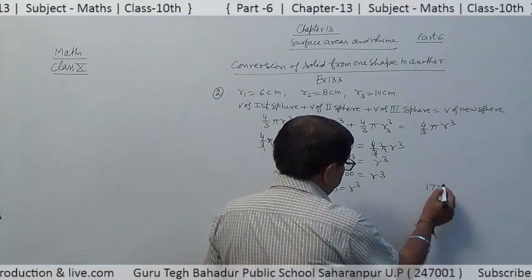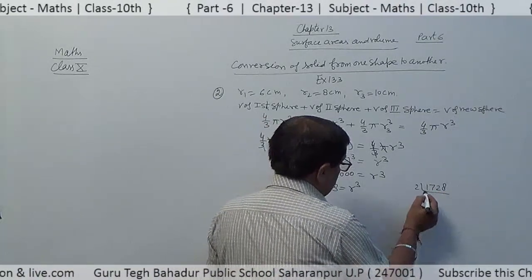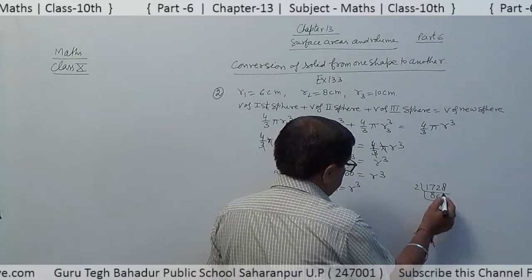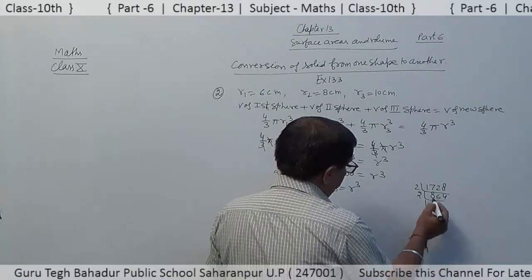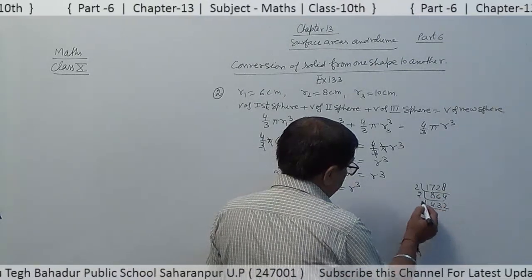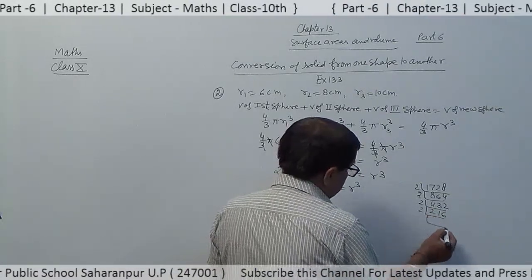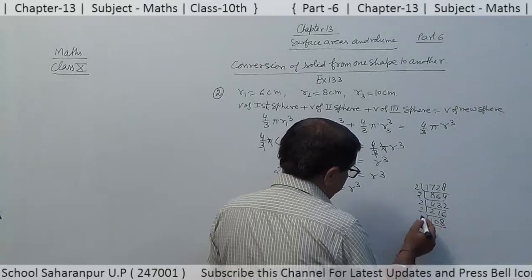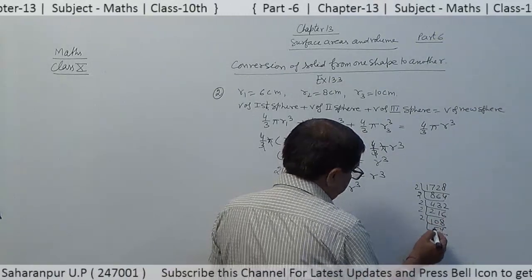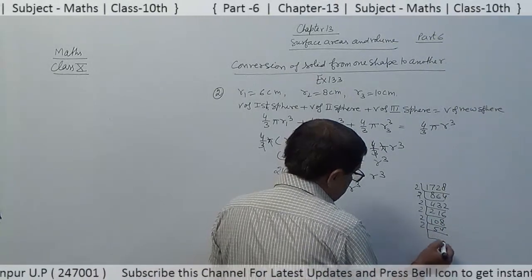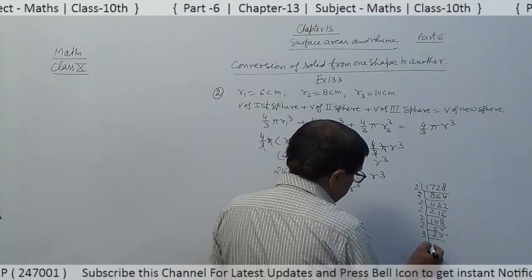1728. Let us factorise it: 2 8 ja, 2 6 ja, 2 4 ja, 2 4 ja, 2 3 ja, 2 2 ja, 2 2 ja, 2 1 ja, 2 6 ja, 108, 54, 27, 9.